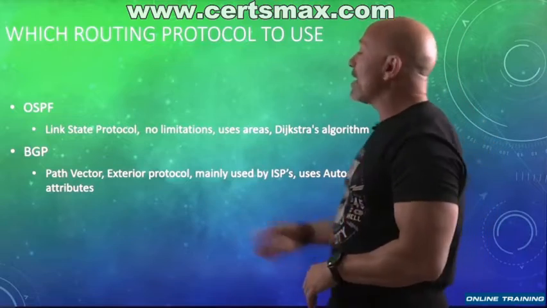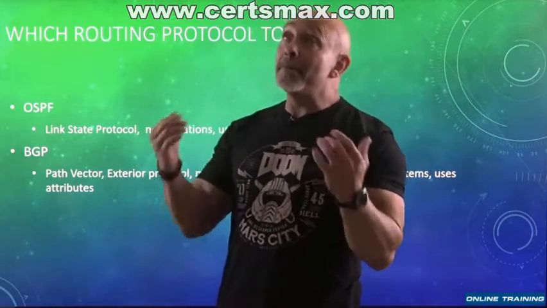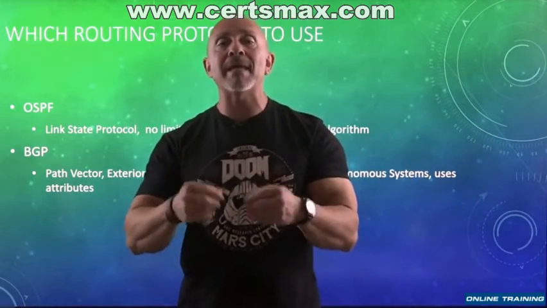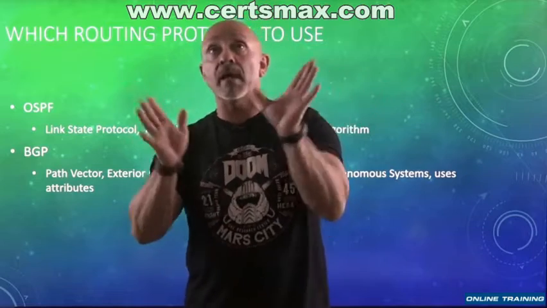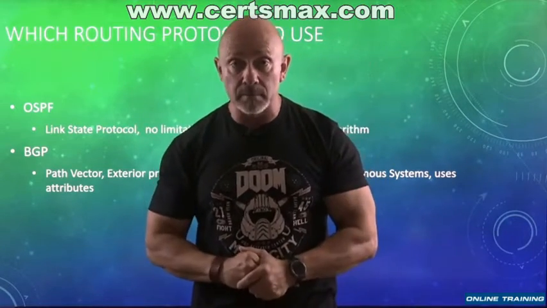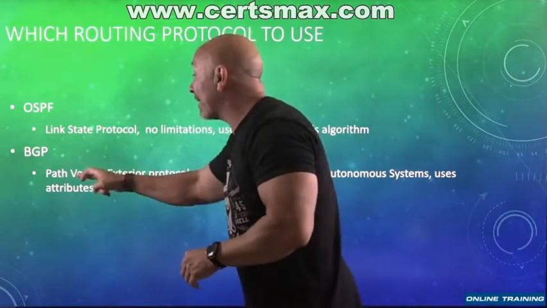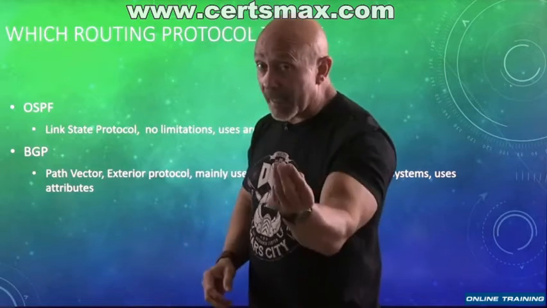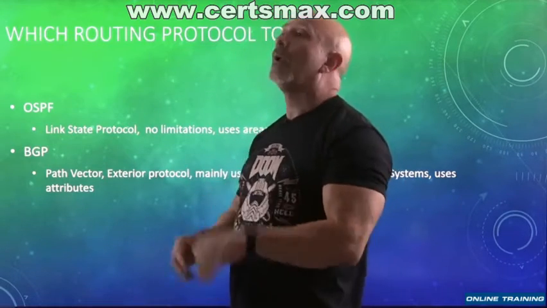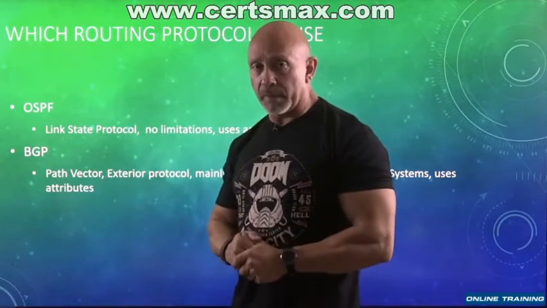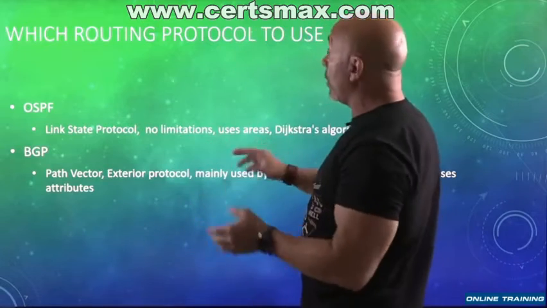And it uses attributes, many attributes, in order to make its decisions on which way it's going to send the route. That's why it's considered a path vector, because it uses these attributes to make a decision on the networking that you're doing. All right, so those are your protocols.